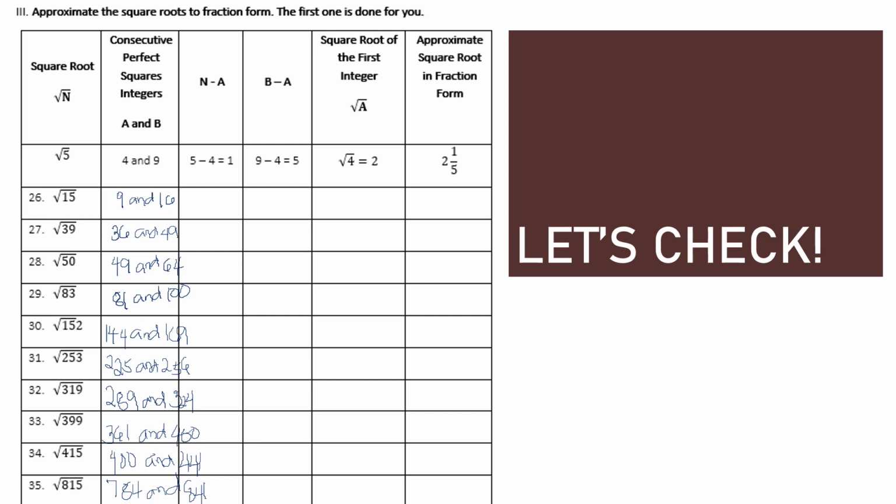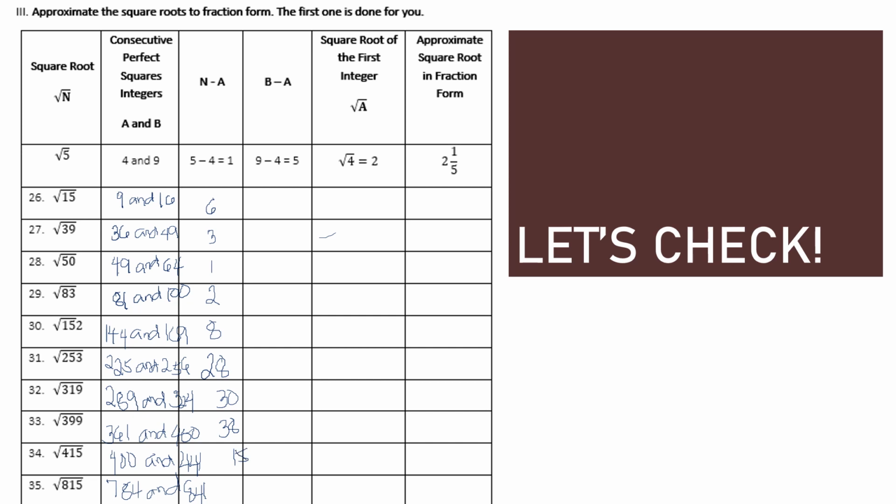So 15 minus 9 is 6. 39 minus 36 is 3. 50 minus 49 is 1. 83 minus 81 is 2. 152 minus 144 is 8. 253 minus 225 is equal to 28. 319 minus 289 is equal to 30. 399 minus 361 is equal to 38. 415 minus 400 is equal to 15.